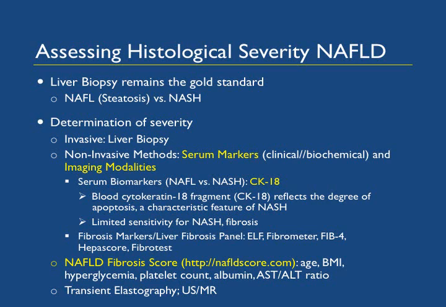And then we have other non-invasive technologies using imaging, and one of the most important ones, which is not routinely available in the US but is used throughout the world, is what is known as transient elastography, most commonly using ultrasound technology.